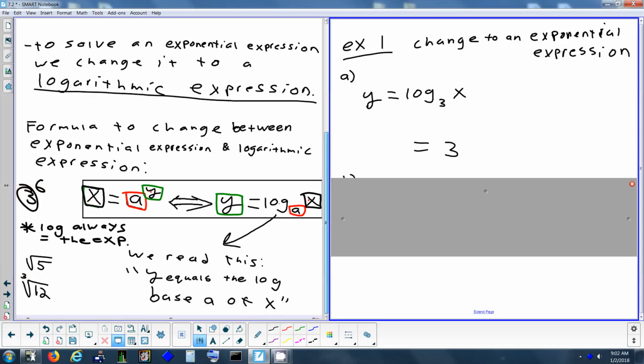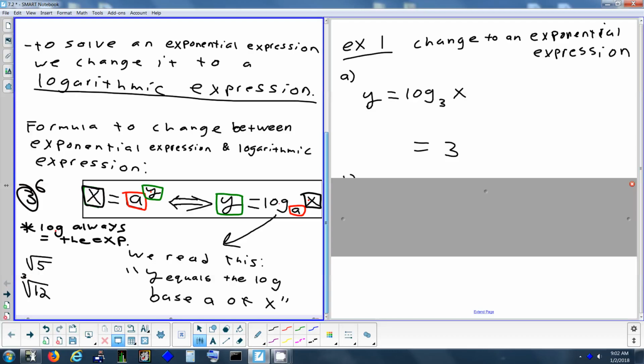All right, so next thing we have to figure out is the exponent. So Paige, I said earlier that the logarithm always equals the exponent. So what is the logarithm equal to here? And what is that equal?